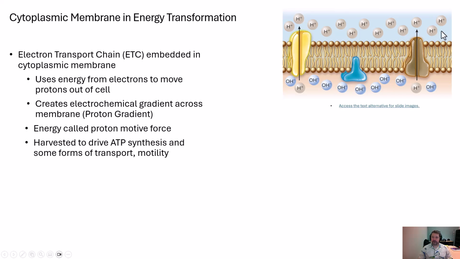After you get this proton gradient on one side, not shown in this diagram would be another protein that's embedded in the membrane. In bacteria and archaea, it's embedded in the cytoplasmic membrane, and that protein is ATP synthase. It's similar to our ATP synthase, I'll show you in a second. There are a few differences, but overall the same function.